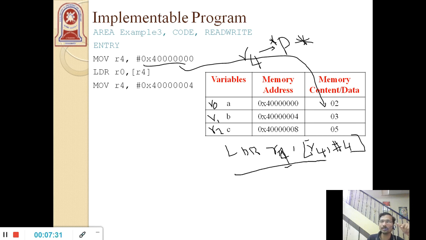This is also correct, or else the other way is move R4 comma, where I am trying to take the address directly into R4 by making use of the data processing instruction move. Now I'll load R1 comma R4. This is increasing my instructions.